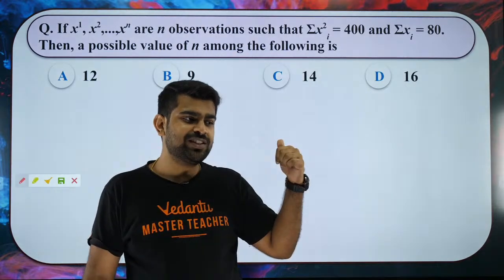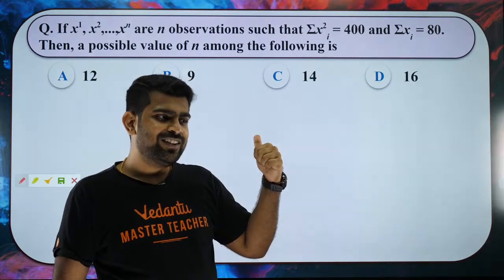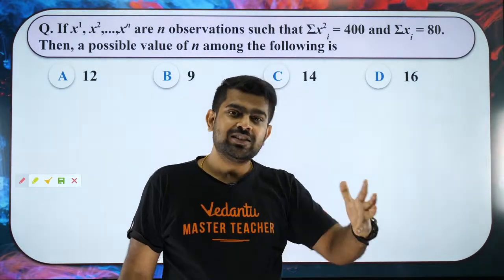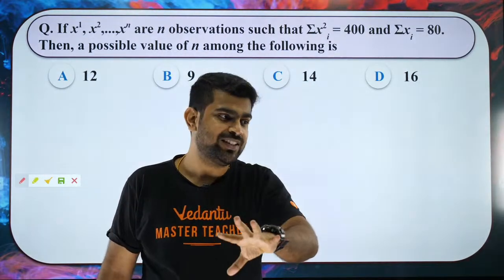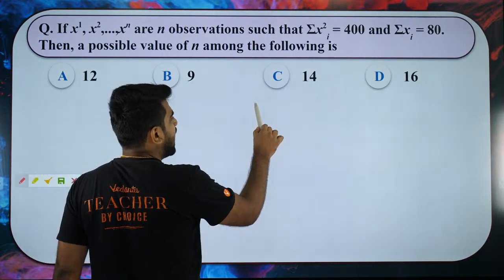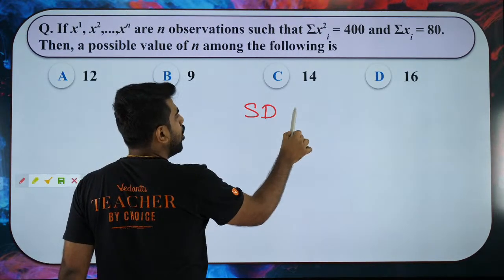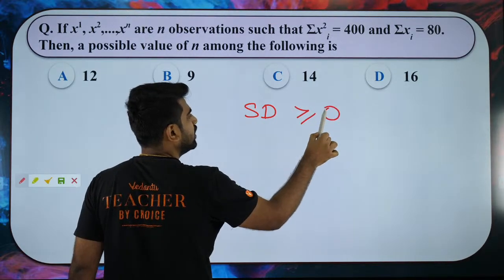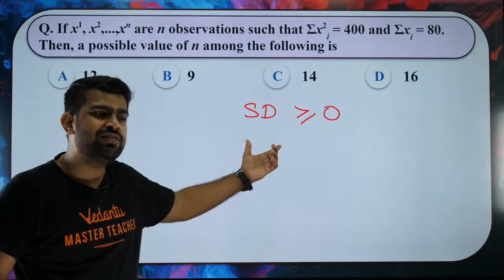It's a very good question, guys. You will be thinking where to start. The starting point, you will be blown away. What is that? The standard deviation is always greater than or equal to 0. Can you believe this is the starting point?